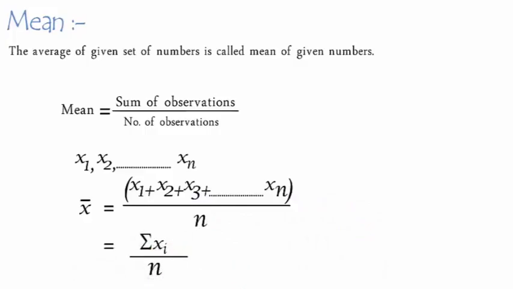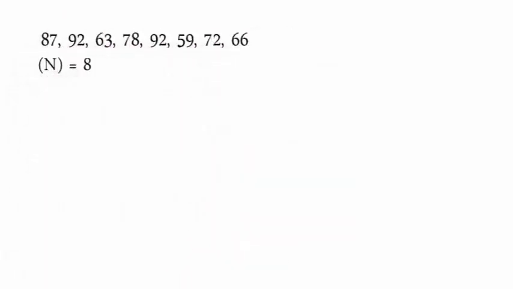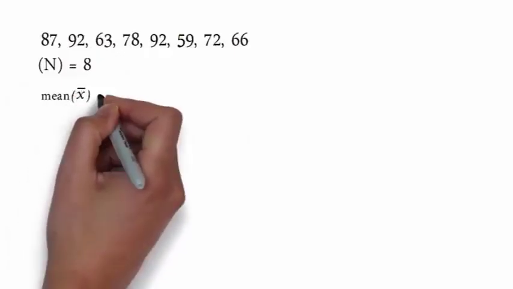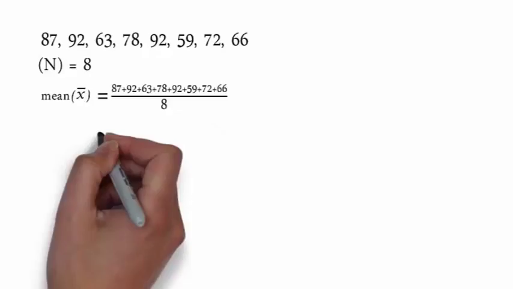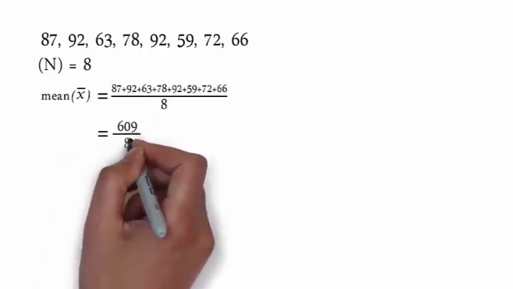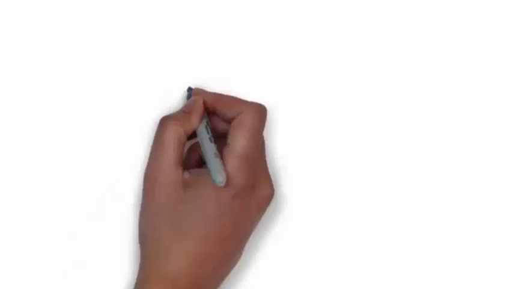Here, the symbol sigma is used for summation. Here the mean of the data with 8 observations can be found by adding all the observations and dividing by 8. That is 609 by 8 equals 76.125.